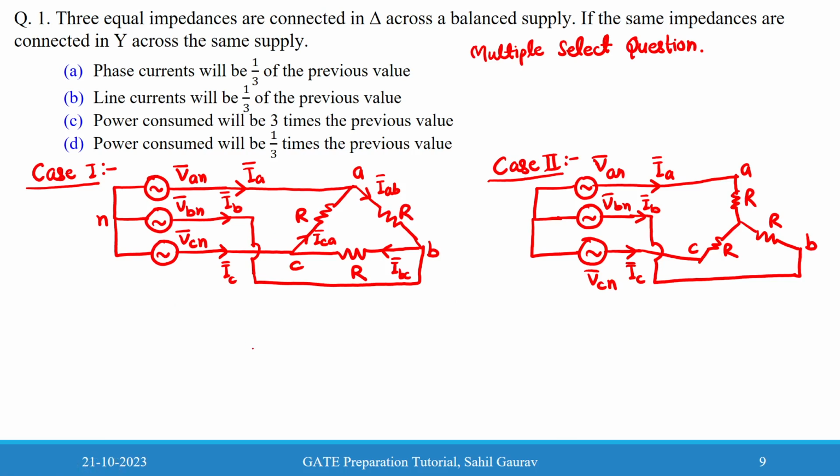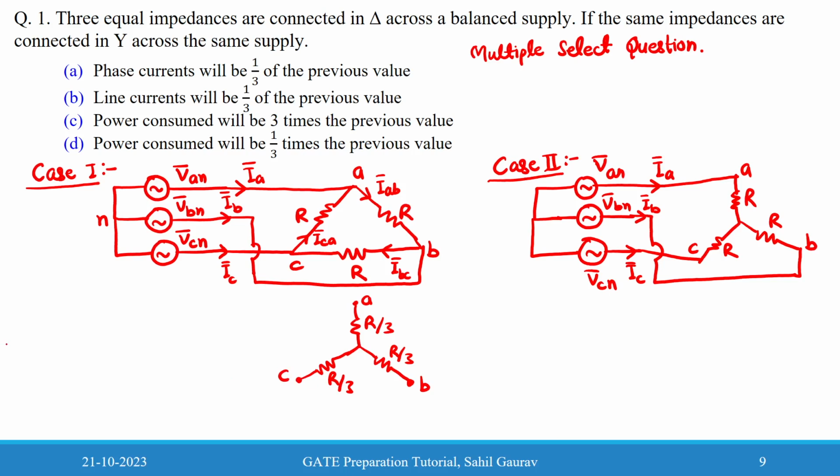Therefore, for the first case, we can simplify this delta connection by replacing it with a star connection, so that we get an easier analysis. So this will be R divided by 3, because we know that in a star connected system, the per phase impedance will be one third of the delta connected system.